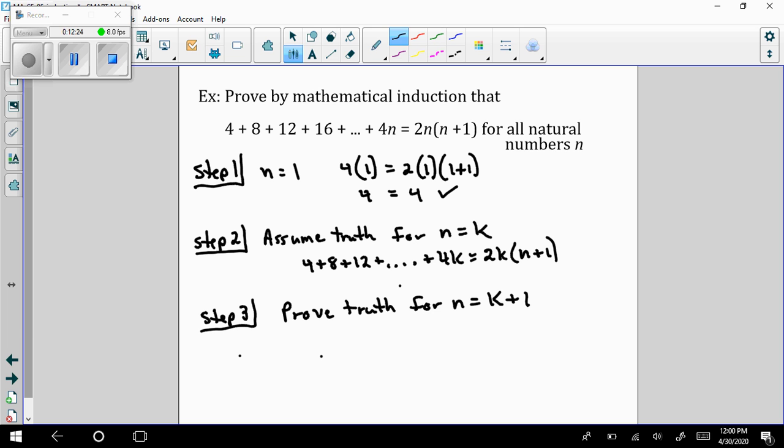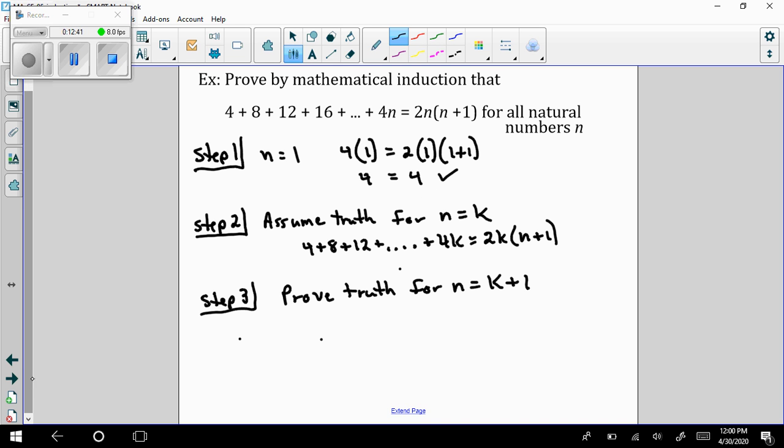So from my original statement, I have 4 terms. If I added those up, I should get a multiple of 4, basically. So now I'm going to see what happens if I have 5 terms in my sequence. So I'm trying to prove that if I add a term, it's still a multiple of 4.